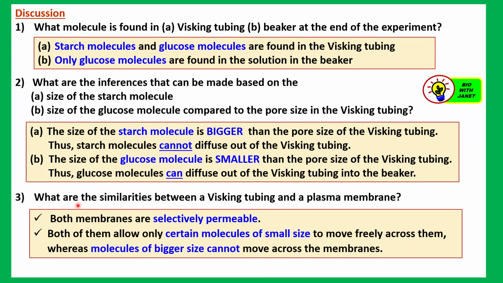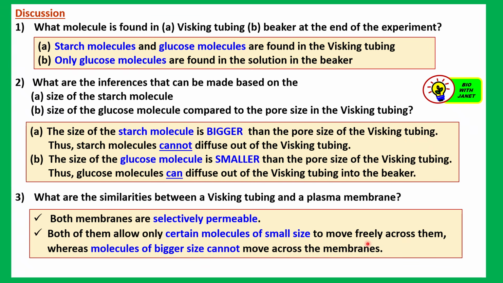Now, what are the similarities between a Visking tubing and a plasma membrane? Both are selectively permeable membranes. Both of them allow only certain molecules of small size to move freely across them, whereas molecules of bigger size cannot move across the membranes.